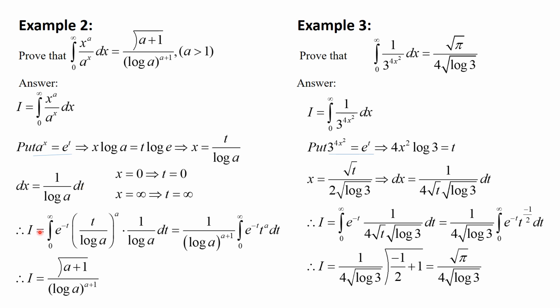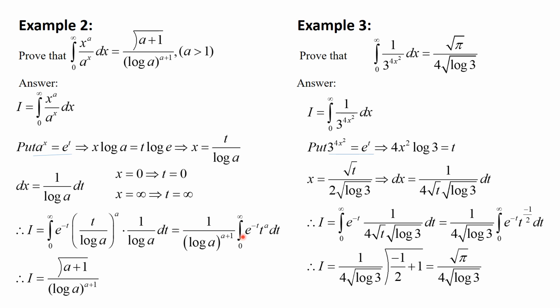And hence our integral turns to integral from 0 to infinity x raised to a, where x is t upon log a. So x raised to a, e raised to minus t due to the factor of 1 upon a raised to x. So 1 upon a raised to x is 1 upon e raised to t, that is e raised to minus t into dx. dx is 1 upon log a dt.